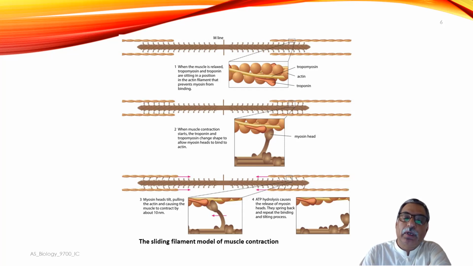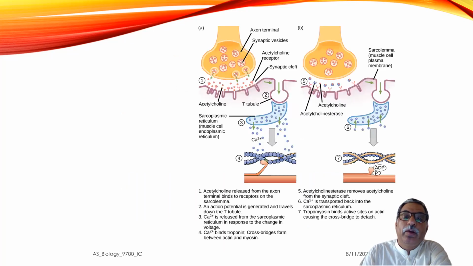But for continuous muscle contraction, myosin heads need to attach to the actin molecules again and again in repeated activity. But how is muscle contraction induced in skeletal muscle fibers? It is particularly instructed by the nervous system. At the neuromuscular junction, the motor nerve fibers release acetylcholine by exocytosis.